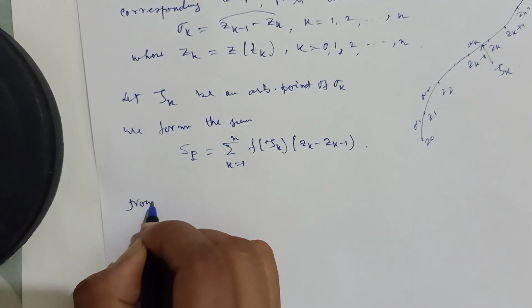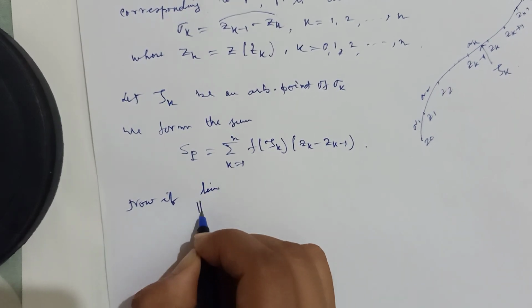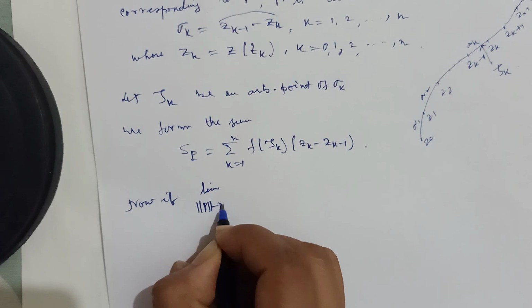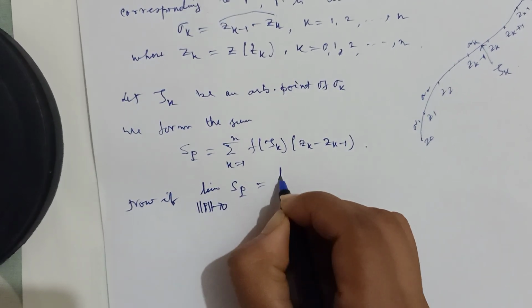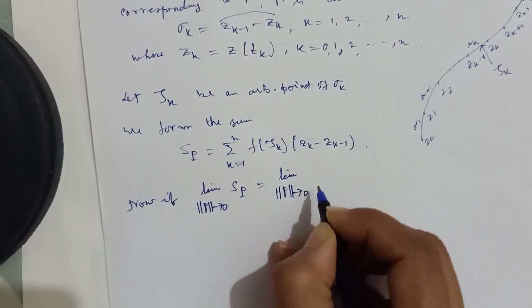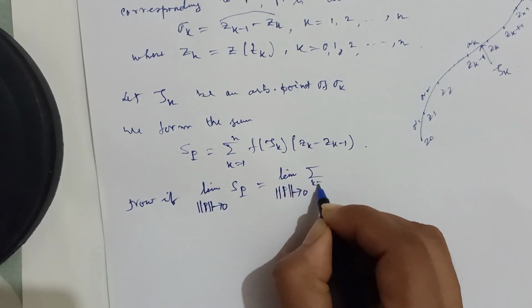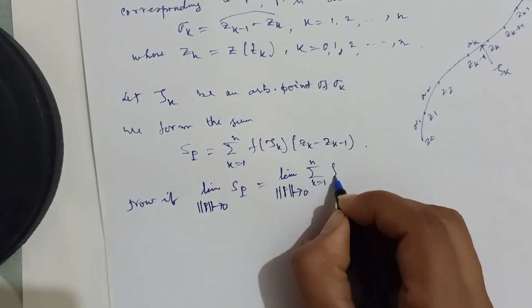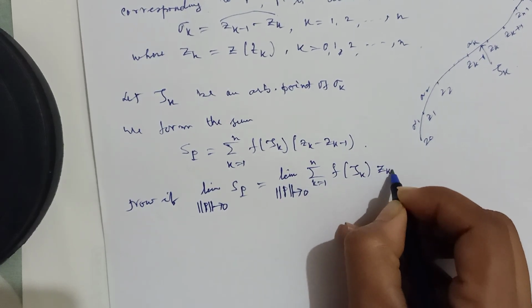Now consider the limit as norm p tends to 0 of Sp, that is the limit of the summation over k equals to 1 to n of f zeta k times zk minus zk minus 1.